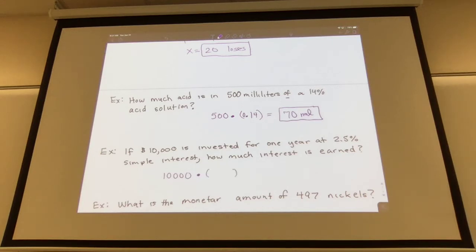What's the decimal value of 2.5%? 0.025. Good. Just move this decimal 2 places to the left. And then you simplify that. When you multiply times thousands, if it's 4 zeros, you can move it 4 places. So if we were to move that, it would be $250.